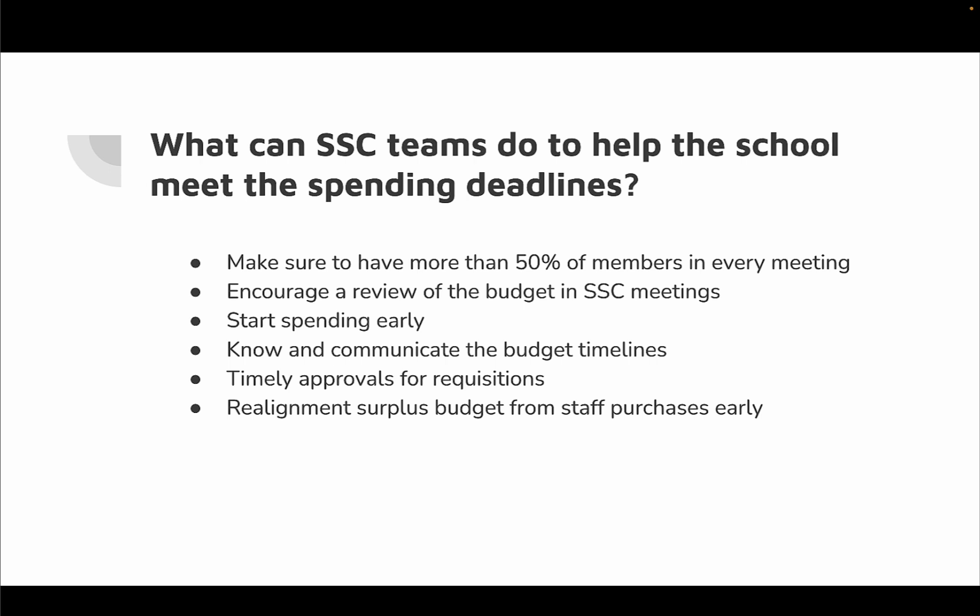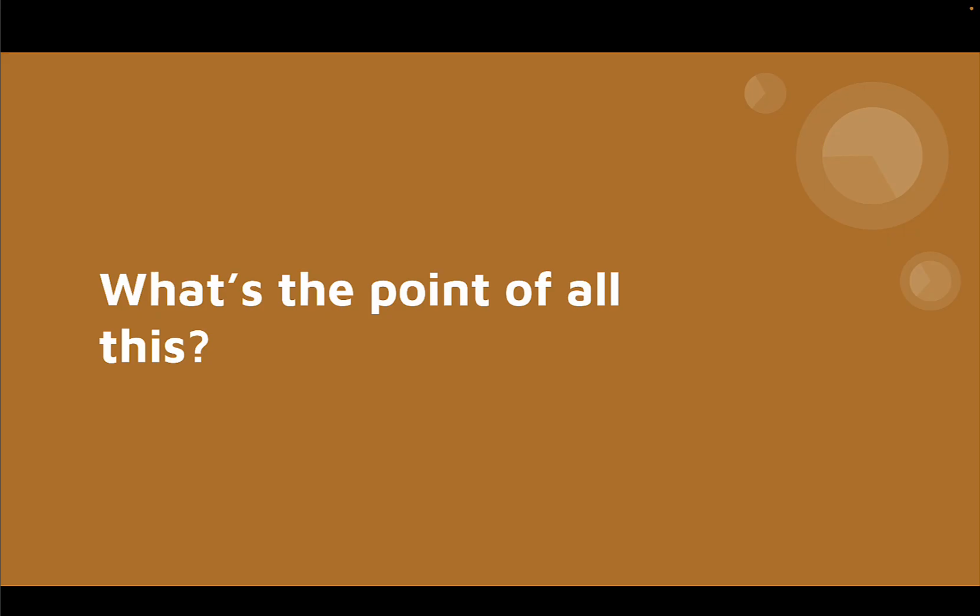We want to make sure that any realignment for surplus budgets from staff are done early. So we don't want to be a surprise. We don't want to have a surprise near the end of the year where we had this chunk of money that was sitting there that didn't get repurposed, and that would leave us holding those funds.